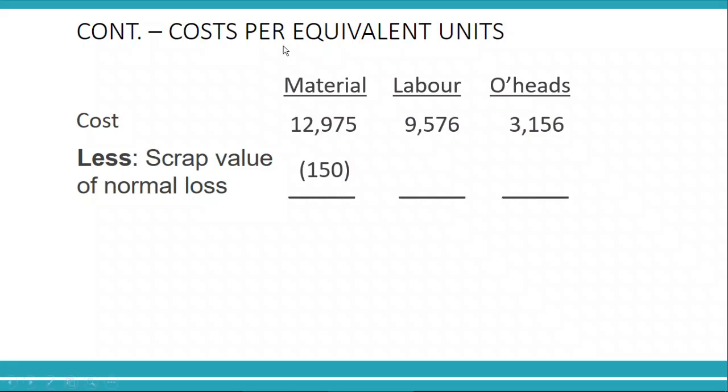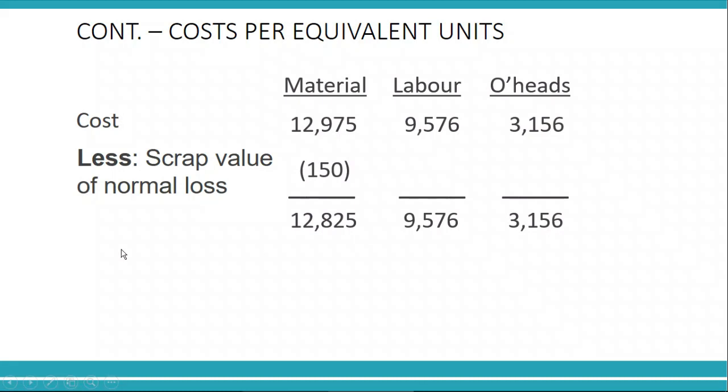So you've got 12,975 in material. This was your cost, and when you sell some normal loss units, you decrease the cost of material. So now your true cost of material is 12,825. Now these are my three costs.